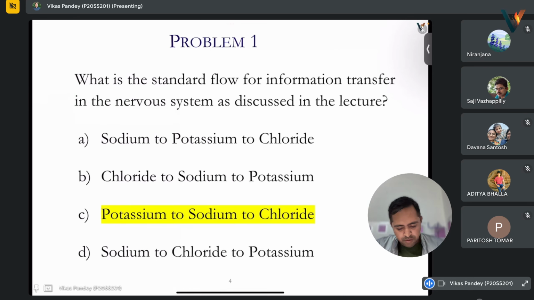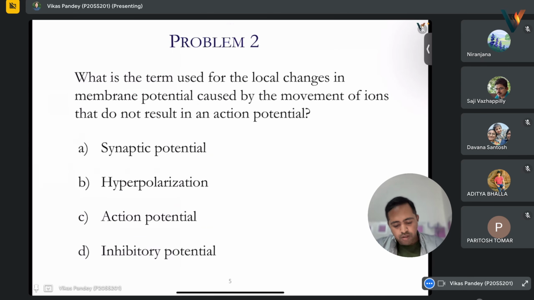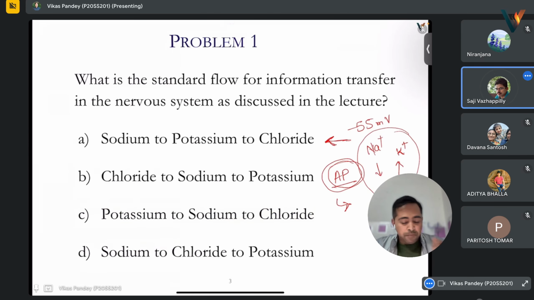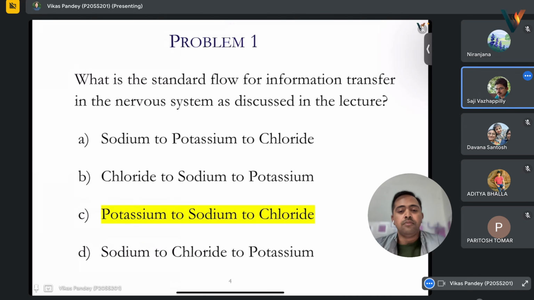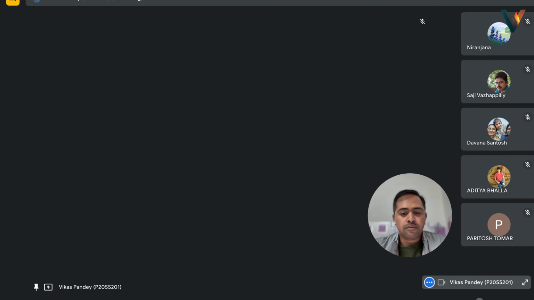Where is the explanation? Just a minute. Okay, fine, not an issue. Any other explanation from anyone? Some part is fine, but the correct answer is potassium to sodium to chloride, right? But how is it so?